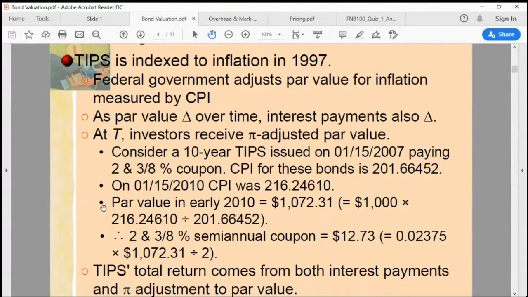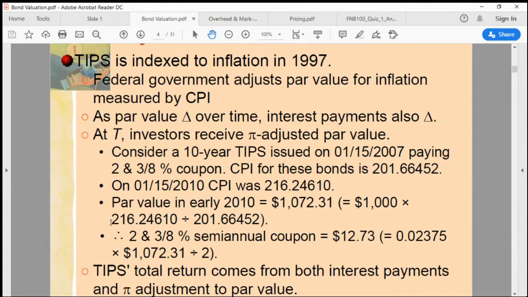So then, how do you make the adjustment to the par value? The par value in 2010 will be 1,000 times 216 divided by 201. This will give you the gross inflation, because if you divide that by that, it will come to one.